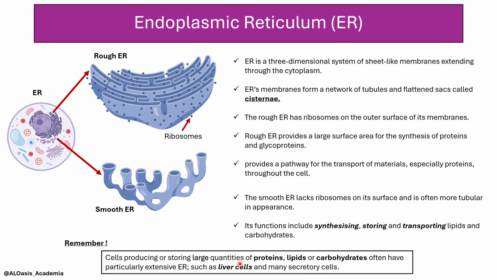These cells need to secrete, for example, a lot of different types of enzymes involved in digestion, so they have an extensively big ER to be able to synthesize proteins, transport proteins through rough ER, and also synthesize, store, and transport lipids and carbohydrates. So these are the main keywords and the main information that you need to learn about endoplasmic reticulum.